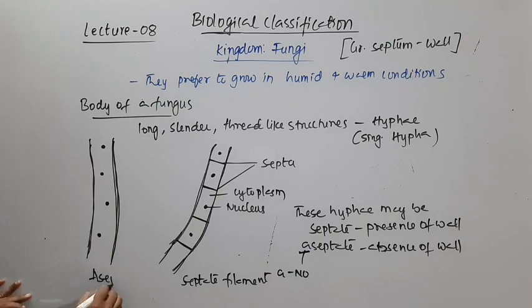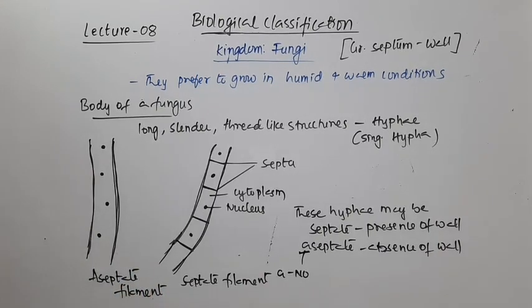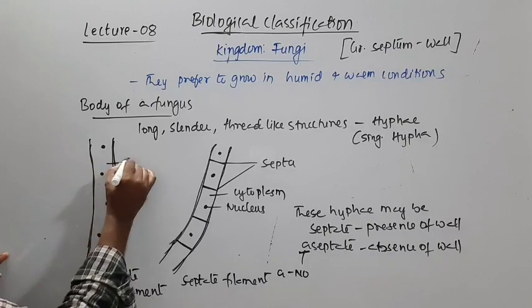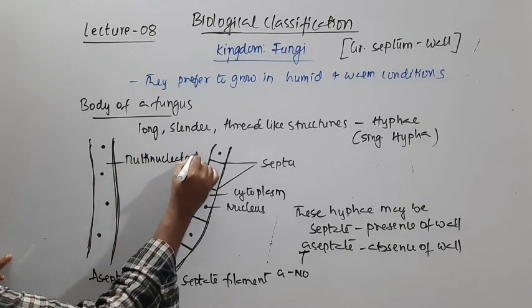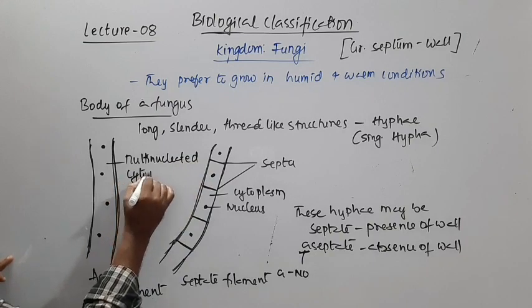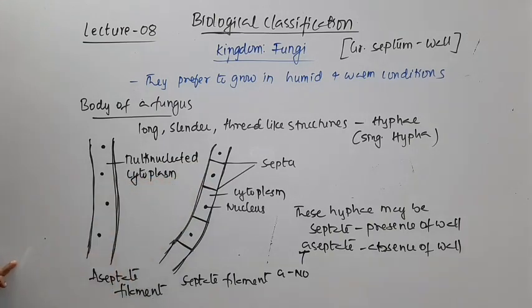So this is an aseptate filament. Here I call it multinucleated cytoplasm, right? You don't find any transverse partition.